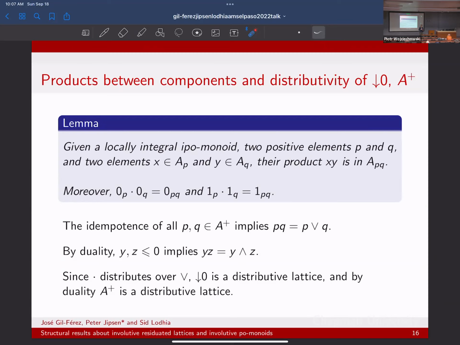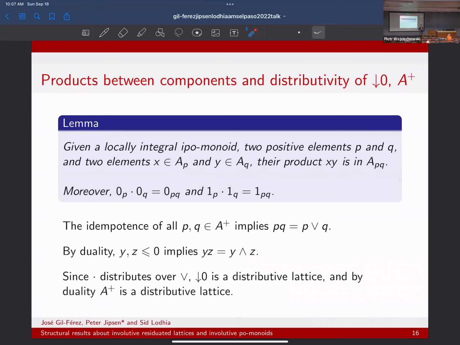So this P times Q is actually the same as P join Q in the positive cone. And that's important because the positive cone is a join semilattice. And so that's where this index join semilattice actually comes from. So by duality, Y Z below 0 will imply that the product below 0 is the meet, because the involution, the minus operation, is a De Morgan operation on the lattice.